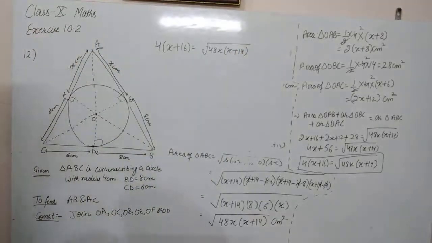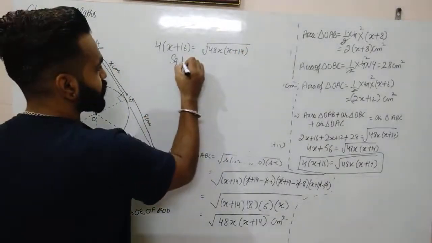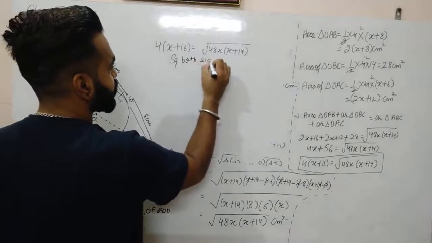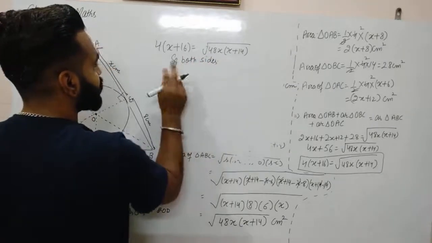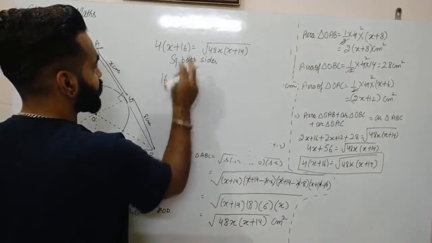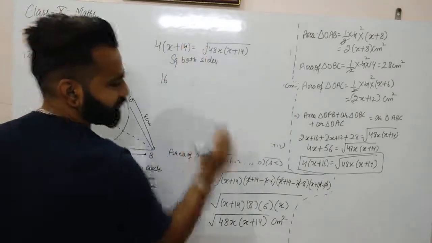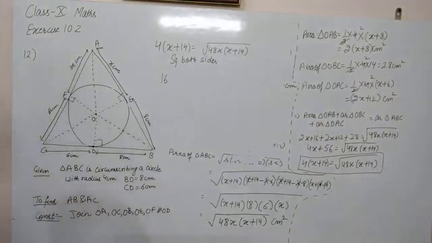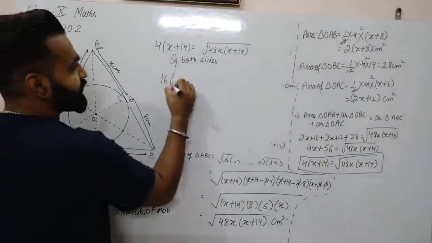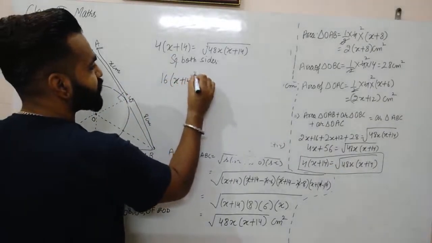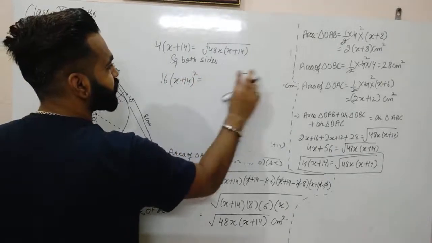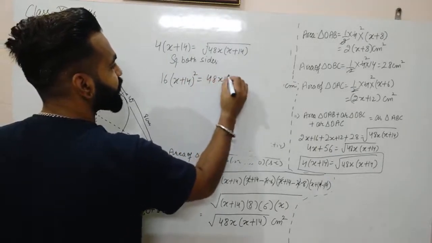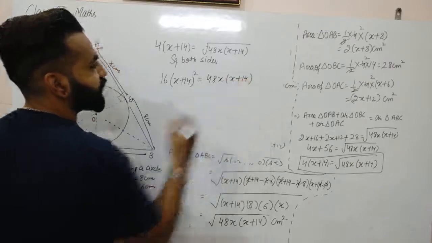Now squaring both sides, this will become 16, so this will be 14. 14 into 4 is 56. So this will be 16 into x plus 14 square. The square will be removed here, 48x into x plus 14.